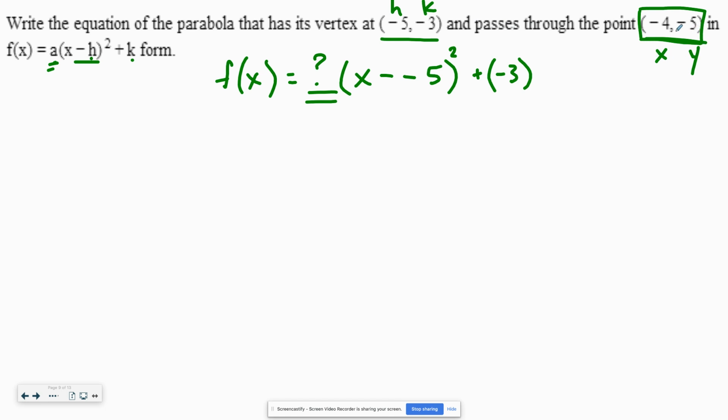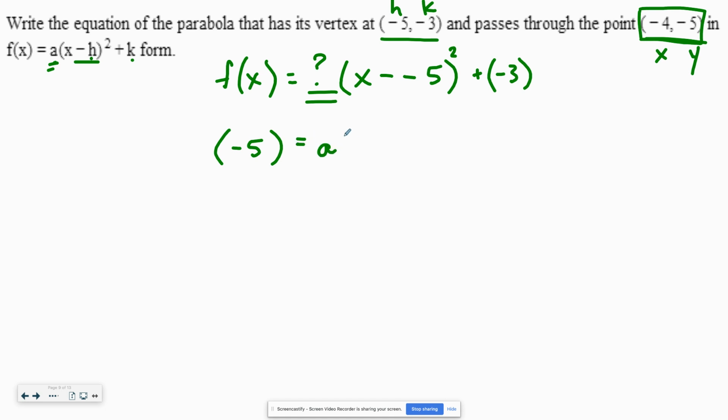But this is just a point that's on the parabola, which means the x coordinate fits, quote unquote, fits into this space for the parabola, and the y coordinate fits into this space because f of x is the same as y. So I'm going to be able to figure out what a is if I use this point for y here, all right?